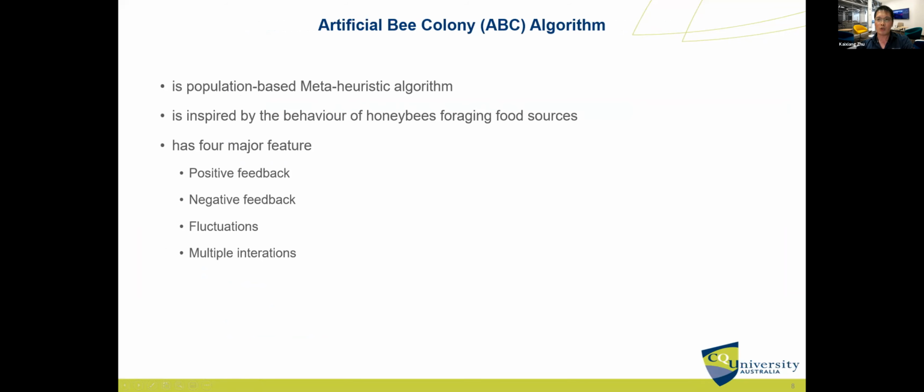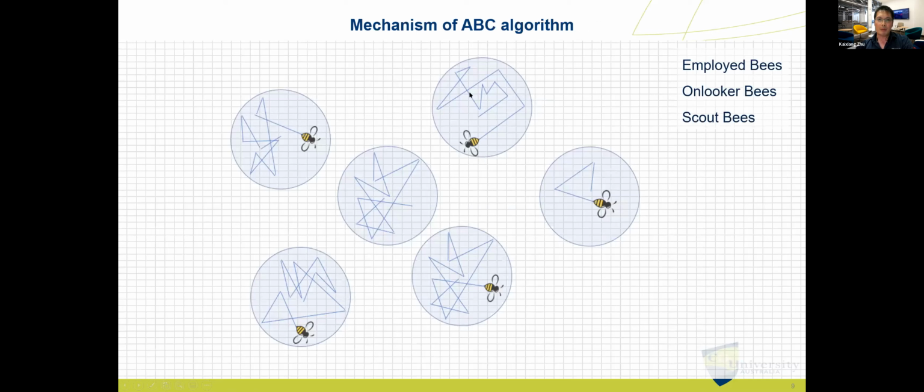It has positive feedback to ensure solutions can be found as much as possible, and negative feedback to avoid one spot of the search space being explored too much, and also frustration to ensure there is more creativity. Okay, that is the mechanism of the ABC algorithm.